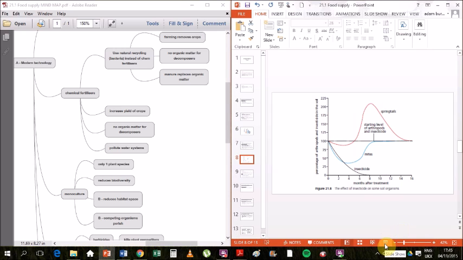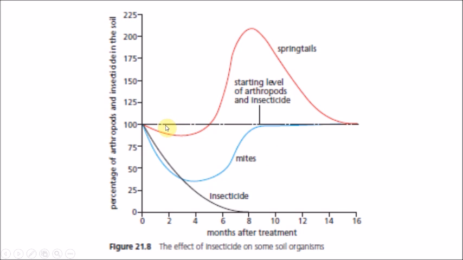Another graph I want to make you aware of, and this relates to the pesticide use, is this one here, and this is how the introduction of an insecticide affects the populations of arthropods like springtails and mites.